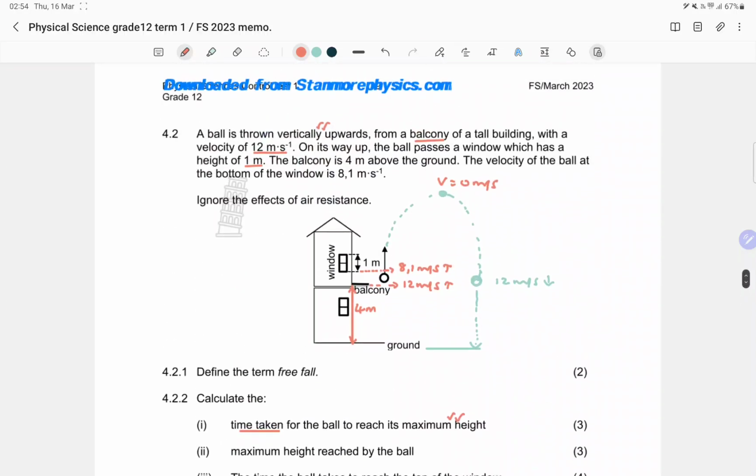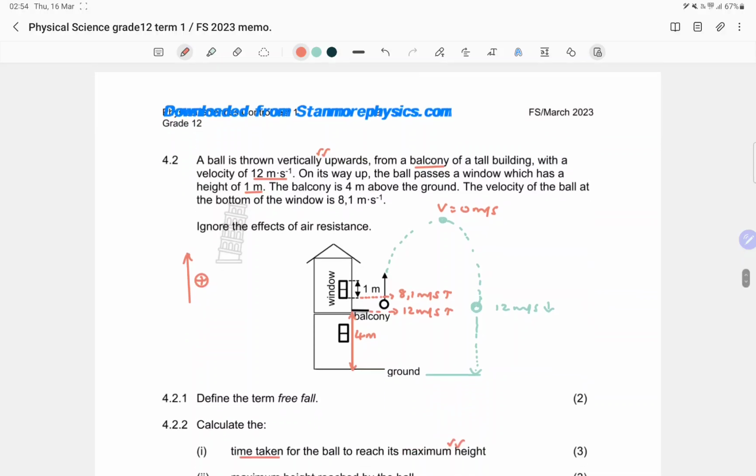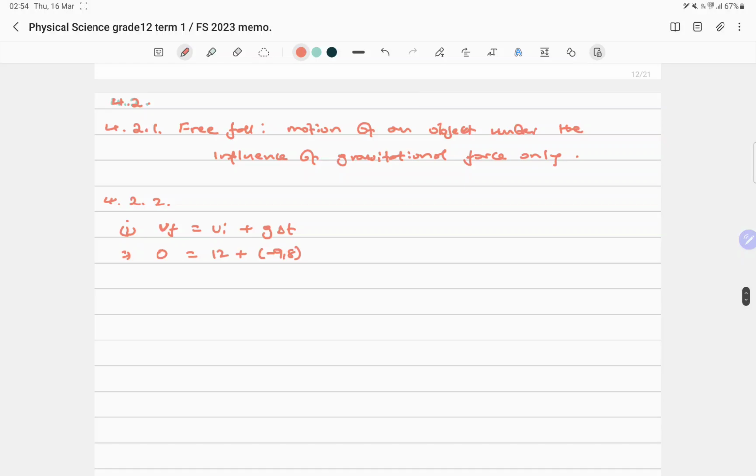Of course, you have to choose a direction. I always forget to mention that. So I always find it easy for these kinds of projectiles to choose upward as positive. It makes a lot of sense for me. Therefore our delta t is going to be minus 12 divided by minus 9,8.